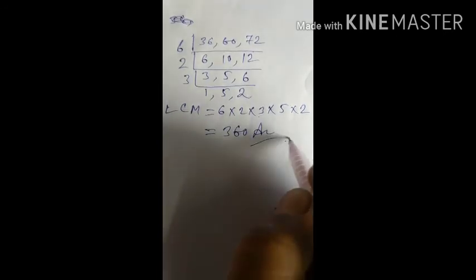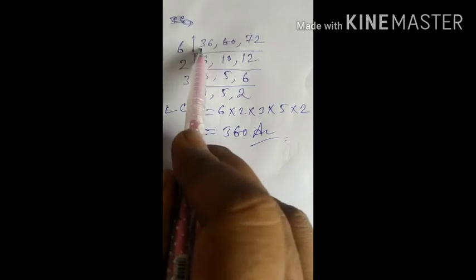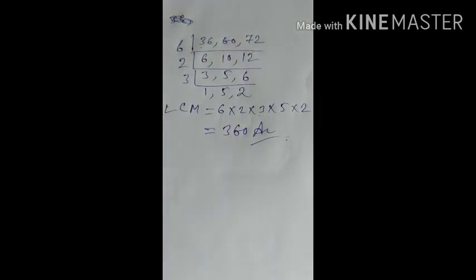So the LCM of the given numbers 36, 60 and 72 will be 360.